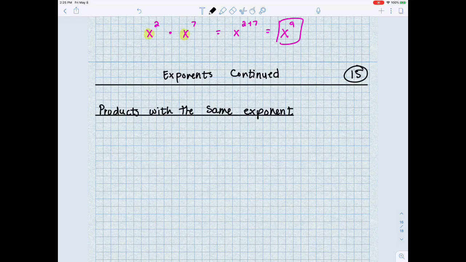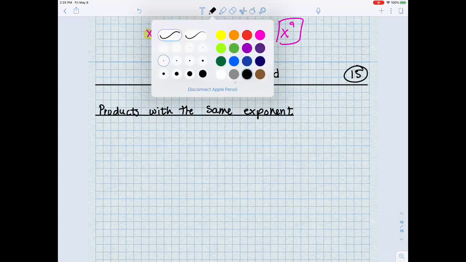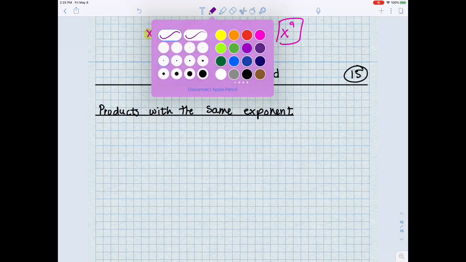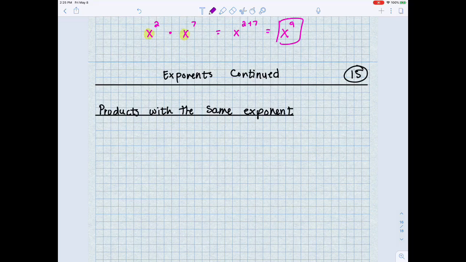All right, here is your second property of exponents, or exponent rule, which you could call them as well. So we have products with the same exponent, except this time notice how I don't mention the bases, okay?